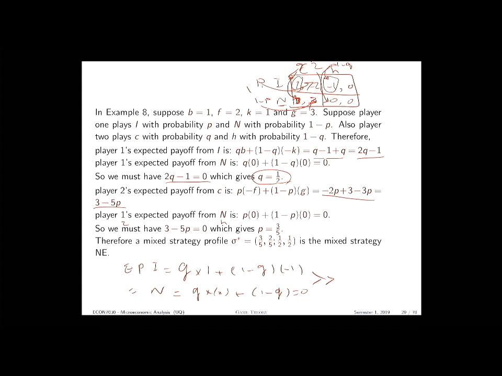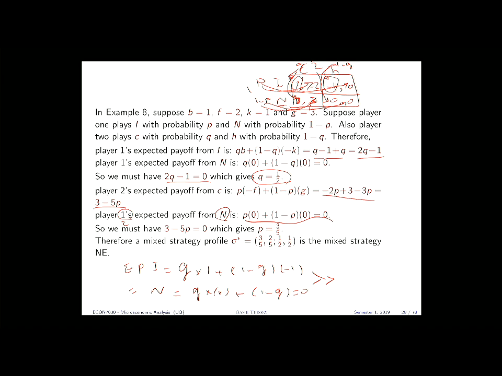So player 2 playing H, it is P times 0 plus 1 minus P times 0, which is obviously equal to 0. So this is right. Don't worry about it. The only thing which is not right is this and this. This has to be for player 2, and the action has to be H. So again, we have 0.